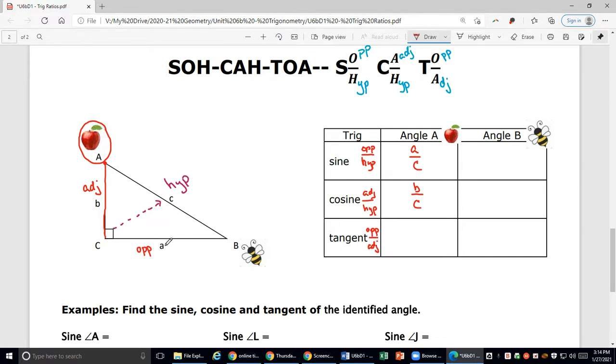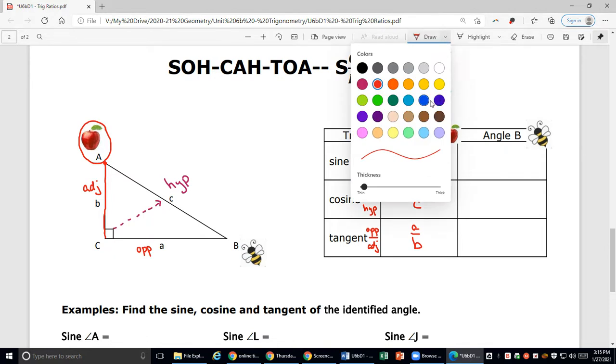My opposite side has a value of A, and my adjacent side has a value of B. So with respect to angle A, the sine of angle A is the ratio A to C. The cosine of angle A is the ratio B to C, and the tangent of angle A is the ratio of A to B.